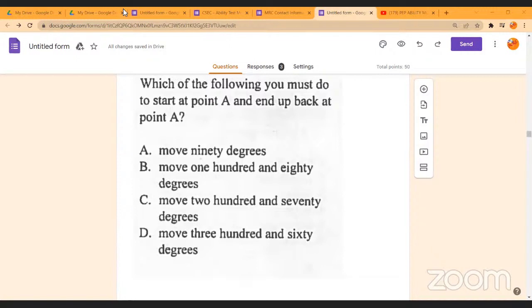Miss, D. D. All right. D as in dog. Which of the following you must do to start at point A and end up back at point A? And you say move 360. Yes, you are. So if you move 360 degrees, then you have completed a circle. Well done, my darling. Let's go with the next question.